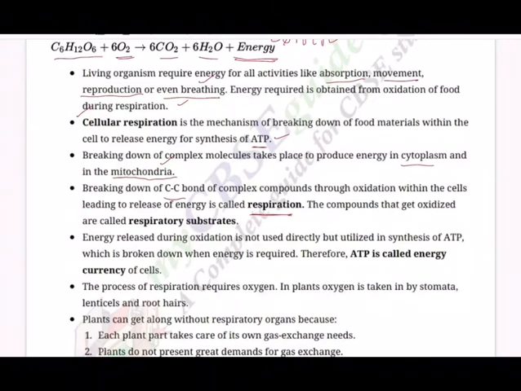The compounds that get oxidized are called respiratory substrates. Energy released during oxidation is not used directly, but utilized in the synthesis of ATP, which is broken down when energy is required. Therefore, ATP is called the energy currency of cells.